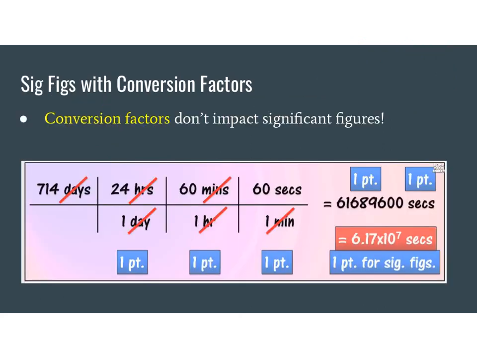Later on in the year, what you're going to encounter is something called a conversion factor. A conversion factor is like what we see here. So 1 day is equivalent to 24 hours. 1 hour is equivalent to 60 minutes. 1 minute is equivalent to 60 seconds. So these conversion factors do not impact these values.